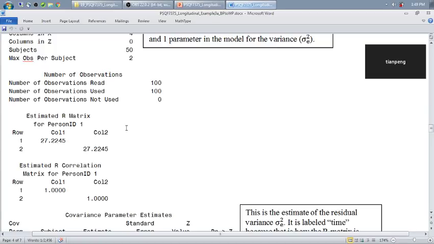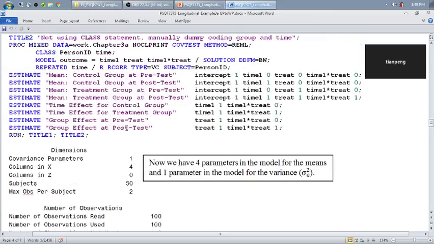And in that case, the degrees of freedom should be like 98 or 99. Yes. But it's because of this repeated statement that it isn't that way. Okay, so here SAS still knows that it's repeated measures. It just assumes that there's no relationship between those two measures.